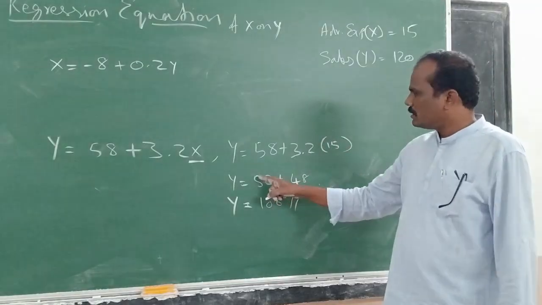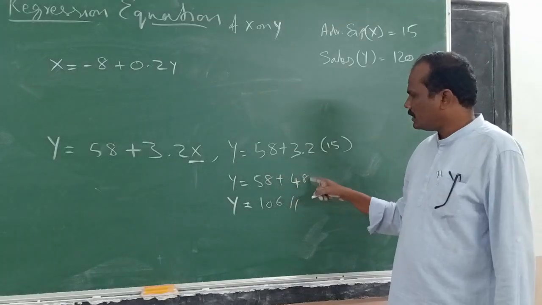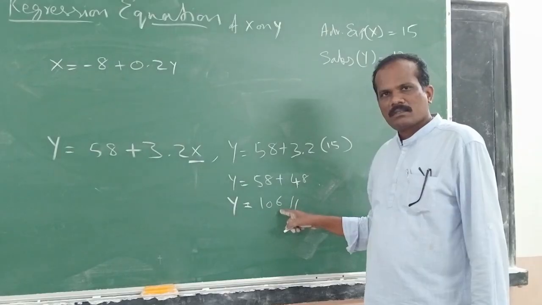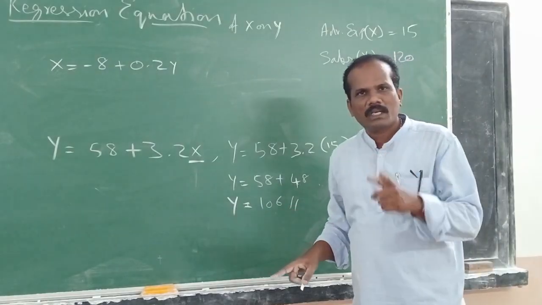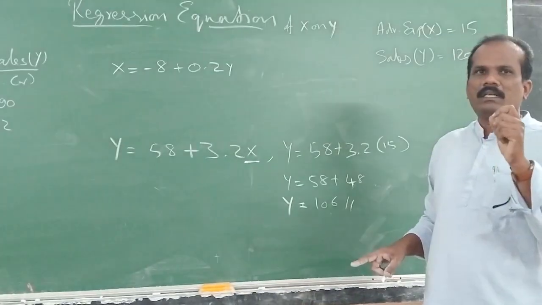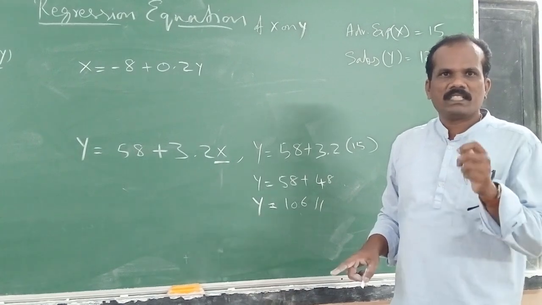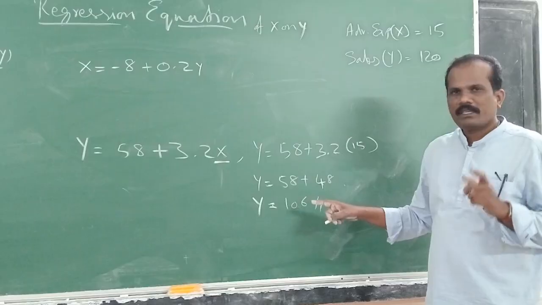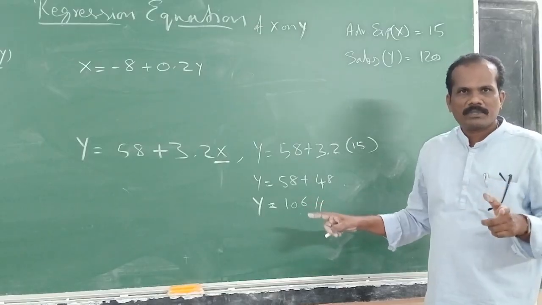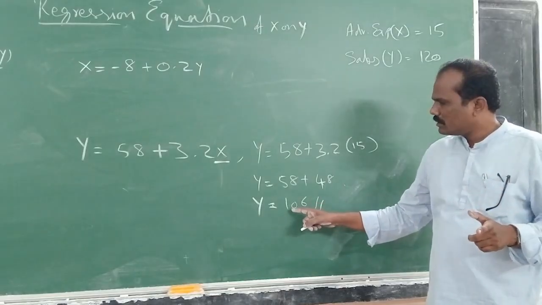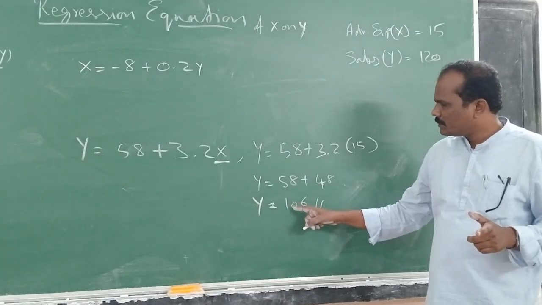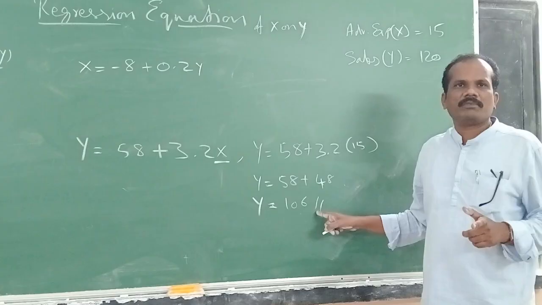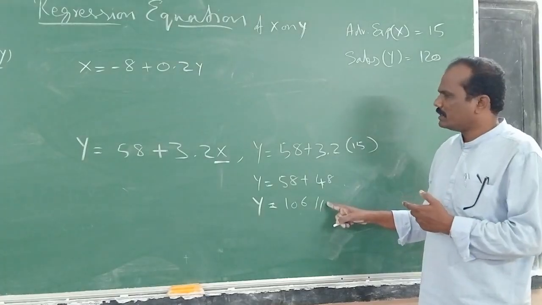When we add 58 plus 48, you will get 106. The second question was what will be the advertisement expenditure if the expenditure is rupees 15 crores. The advertisement expenditure will be 106 crores. We have found the value of expenditure.